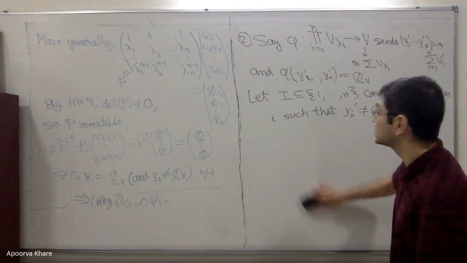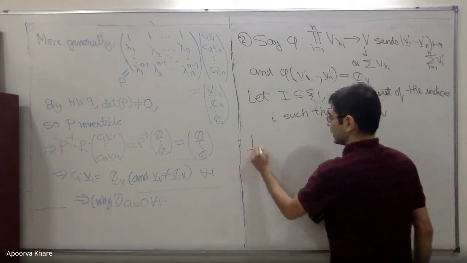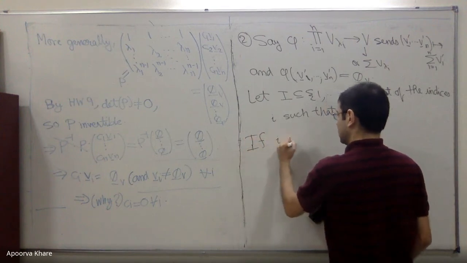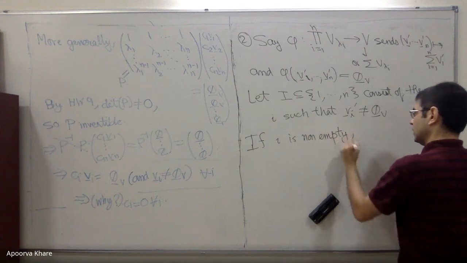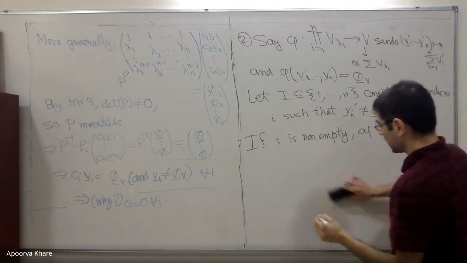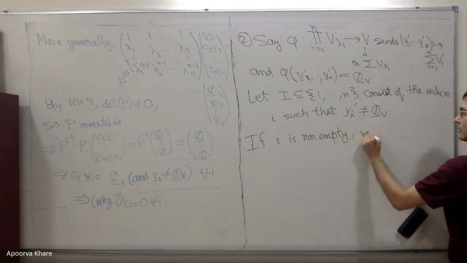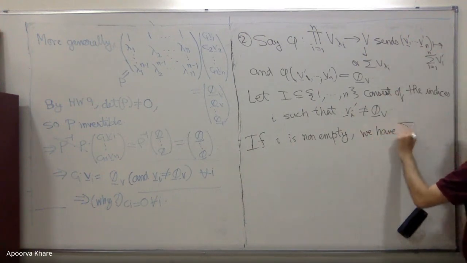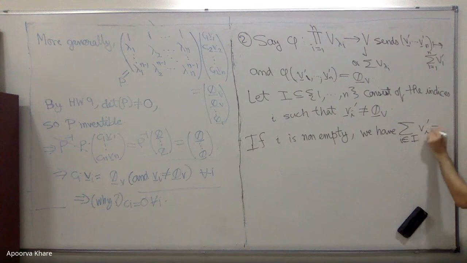The claim is that this set should be empty, so all of them should be 0. If I is non-empty, then what do we get? We get that the sum over i in I of Vi' equals 0. But this is a linear combination, 1 times Vi'.